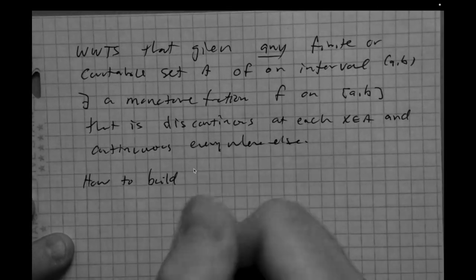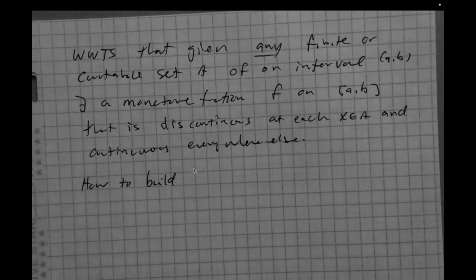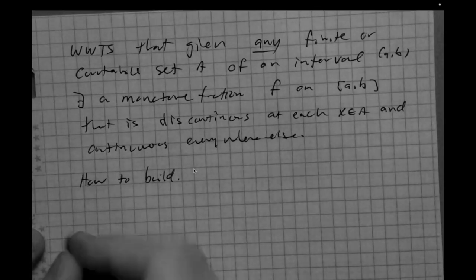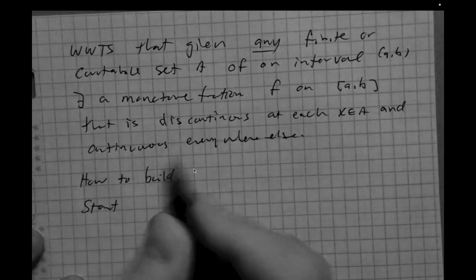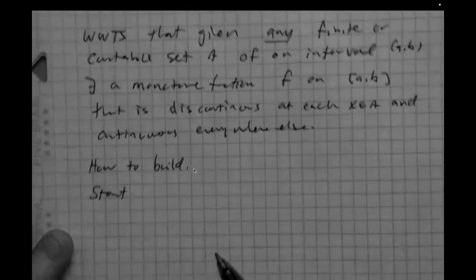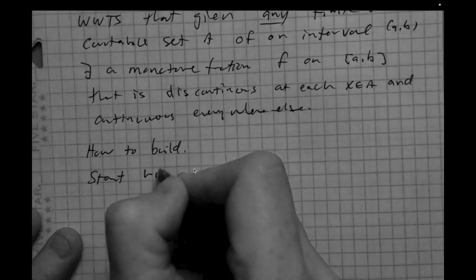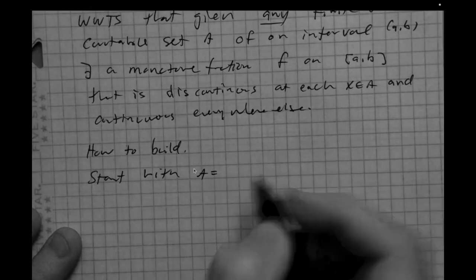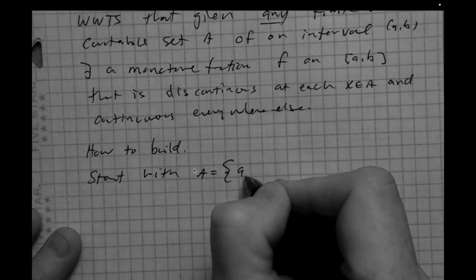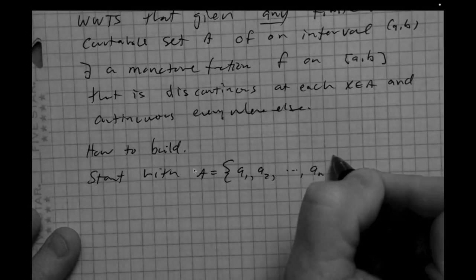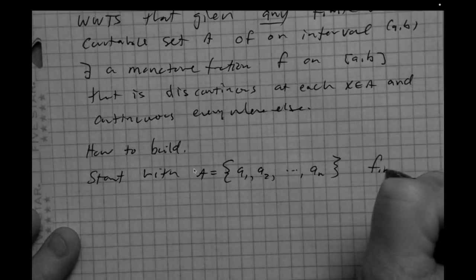And the fact that such a thing exists is really going to be the point of the last theorem, and rather than prove it, we're just going to show you how to build it. Okay, so let's start with a finite set, but you'll see that the construction can be extended to a countable set as well. So we'll start with the set A, and we'll say that it's finite: A1, A2, through AN.